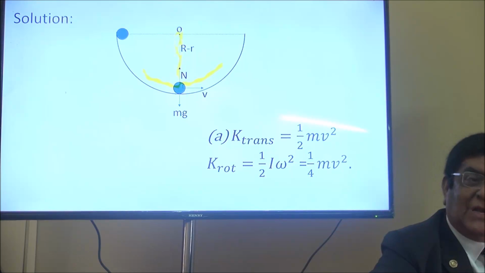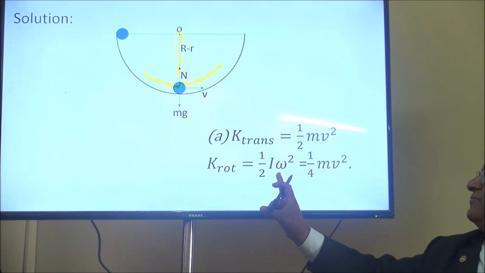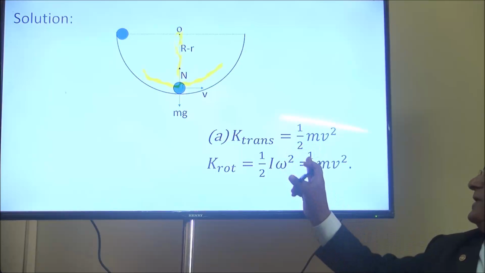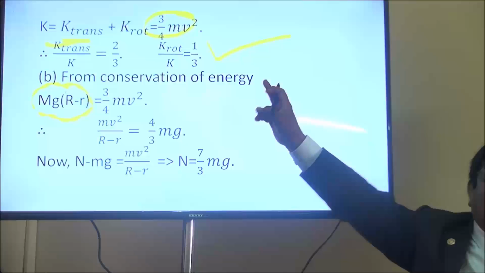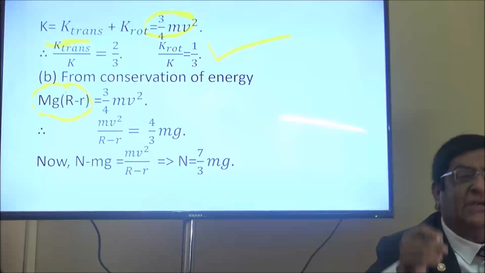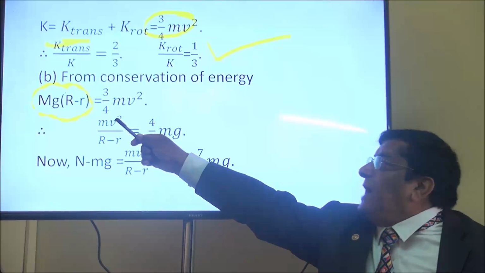If this is the total energy, then it is equal to 3/4 of mv square. Is that clear? You got by the formula that total energy was half plus 1/4, that is 3/4 mv square. With the formula of potential energy, we found that this is equal to mg into R minus r.